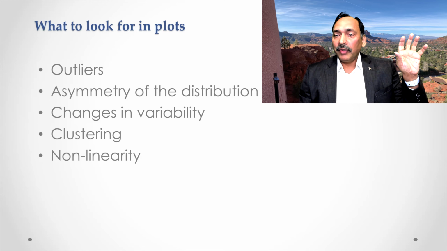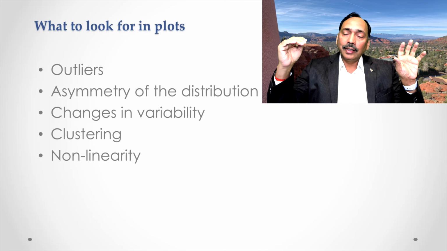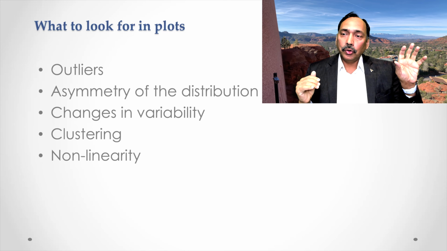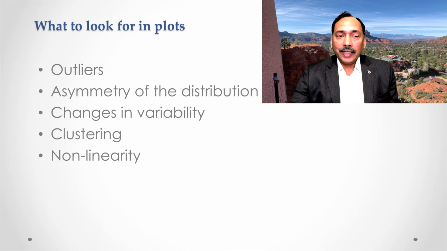And if our variable of interest behaves differently in terms of variability at one level compared to another level, we should be aware of that, and we have to see how to address that. But we'll see how we can catch if any of these things happen.